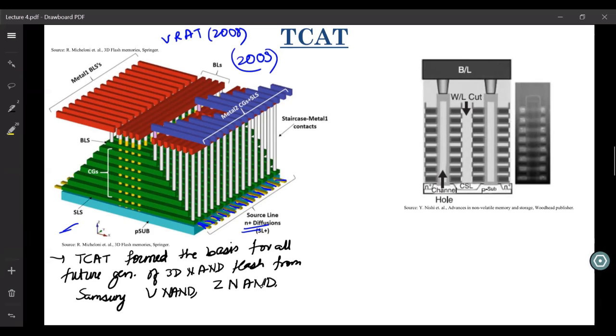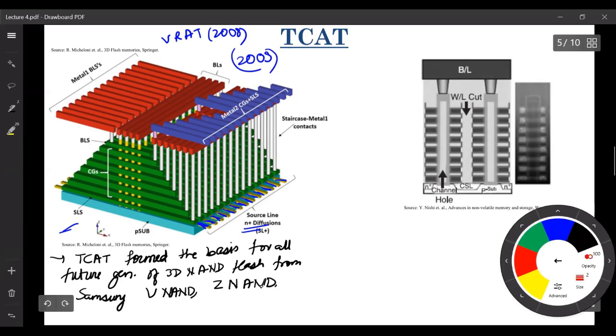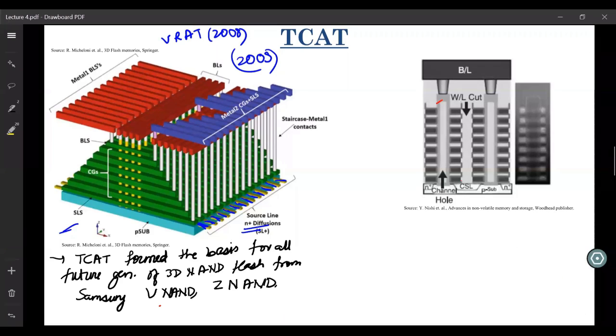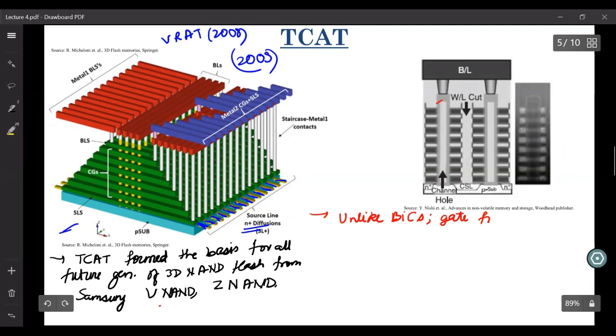So how is it fabricated? Let us look at that. Also here, unlike your BICS, where it was a gate first process, in TCAT what we use is a metal gate replacement process. It's not replacement, but it's kind of a metal gate last process.